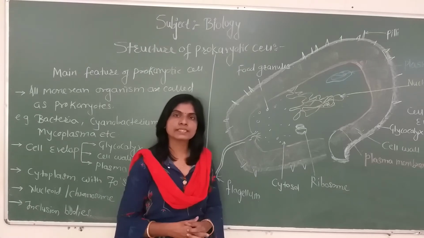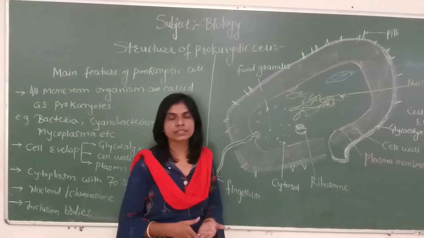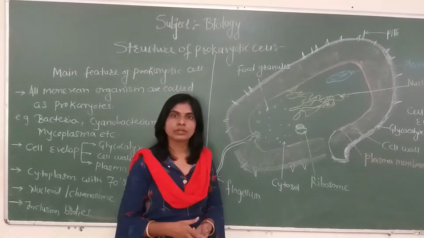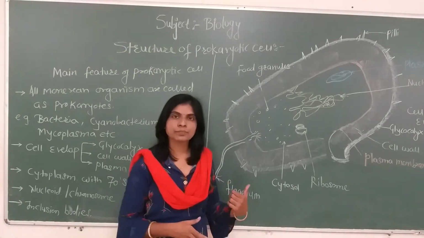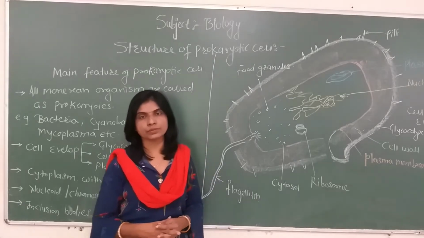If the prokaryotic cell wall is made up of peptidoglycan, that bacterium becomes Gram-positive. If it is made up of murein substances, then that type of prokaryote is called Gram-negative, as it gets decolorized after washing with alcohol. So there are two types of prokaryotes or bacteria, Gram-positive as well as Gram-negative.